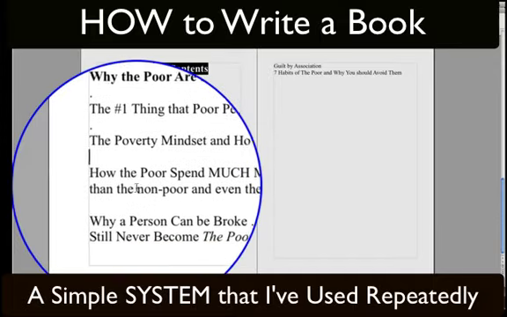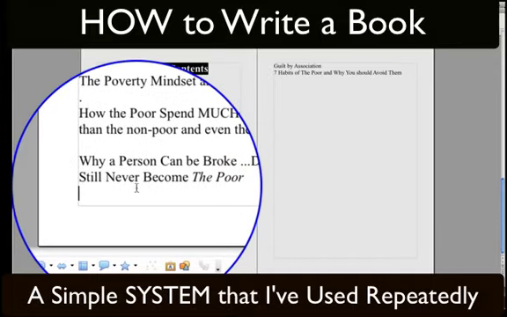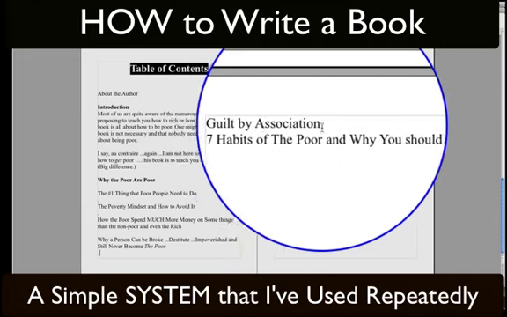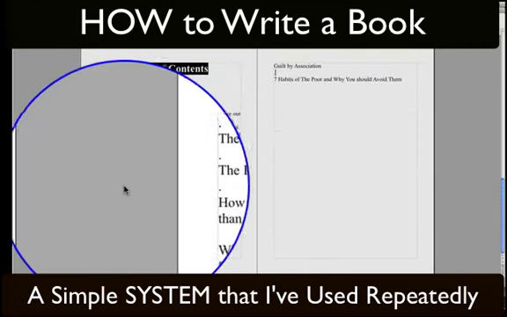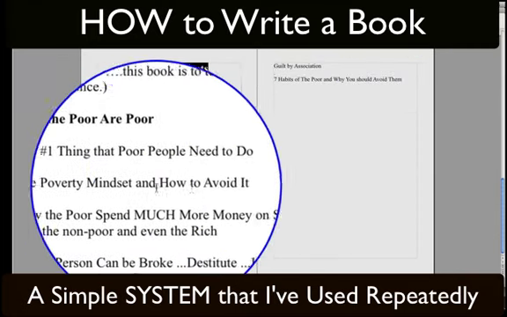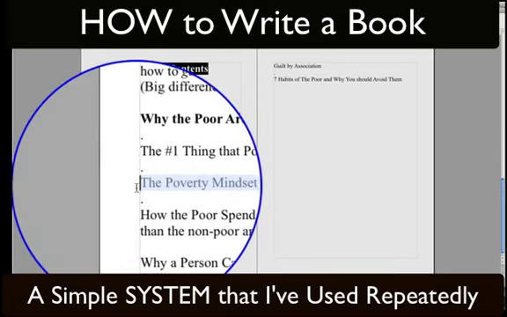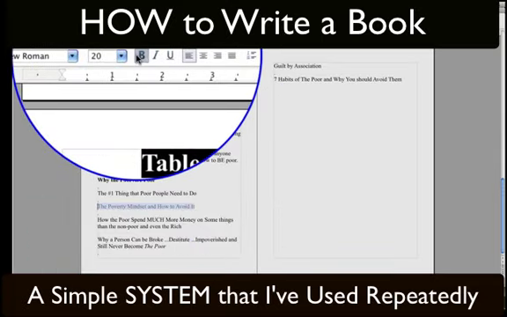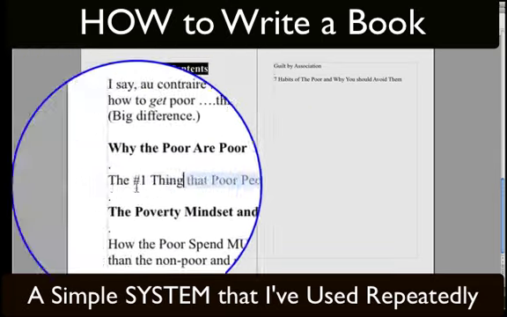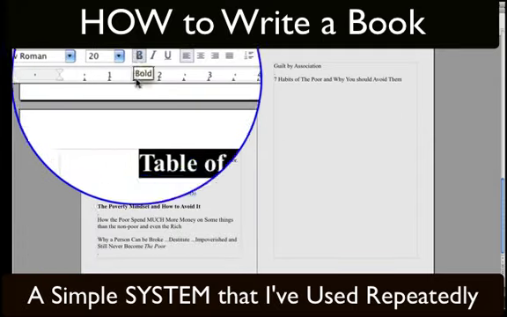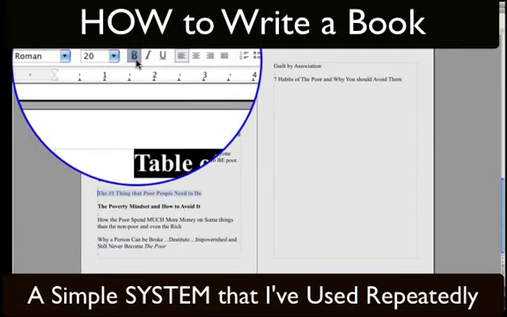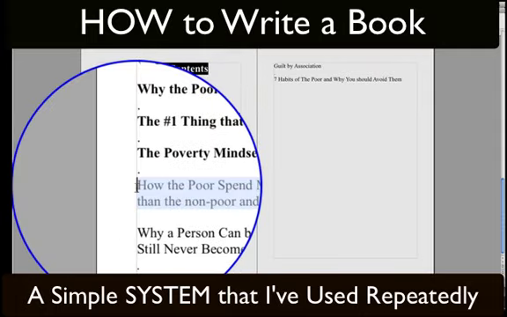So the reason I'm putting a period in between each title, I'll show you in a moment, is because the first thing I'm going to do is come up with the table of contents, and I'm just thinking of different chapter headings.